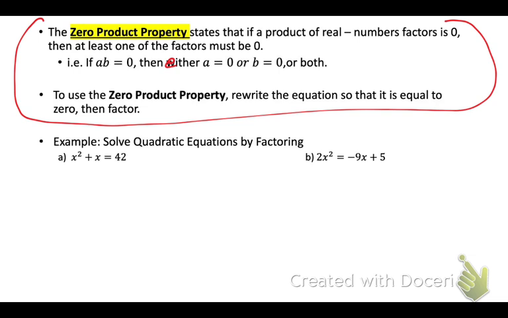Are we at examples? Maybe. Okay. So x squared plus x equals 42. What's wrong with the problem? 42 is not equal to 0, right? So I'm going to subtract it. So I have x squared plus x minus 42 equals 0. And then I factor. So 1 is prime.